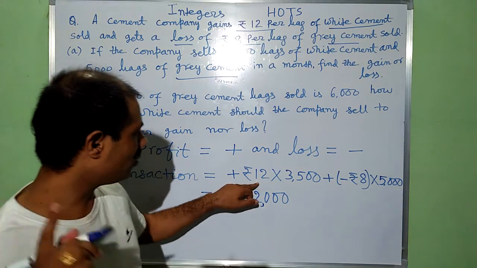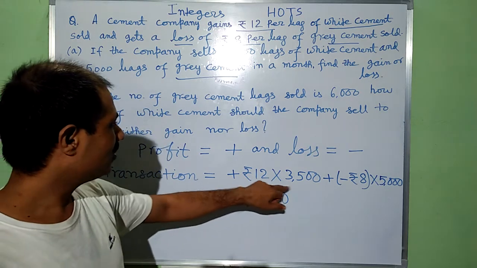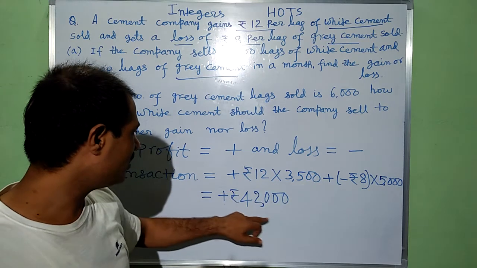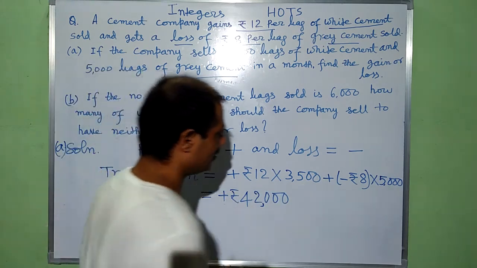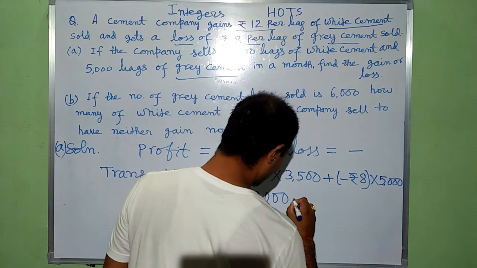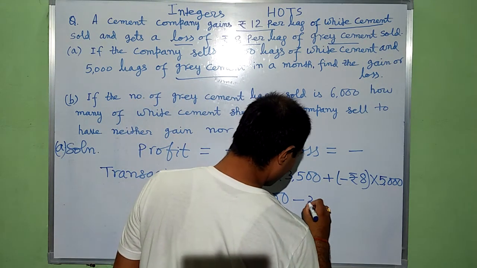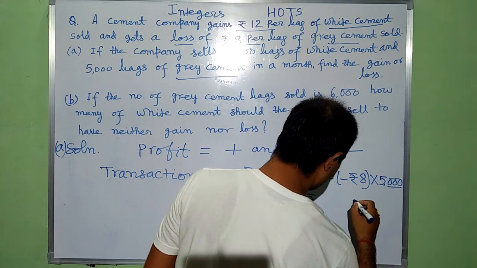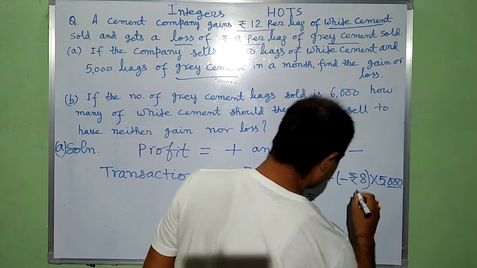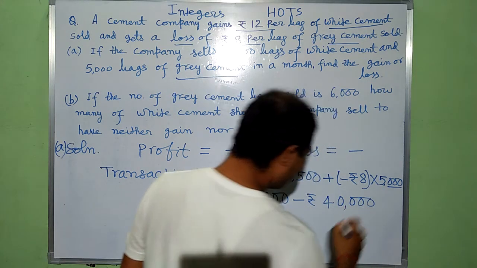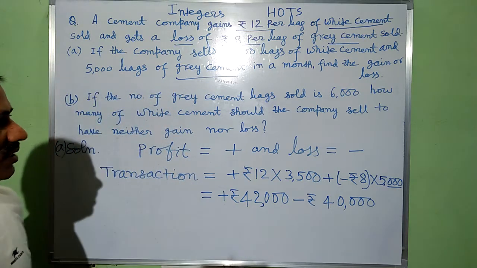This one is the gain on one white cement bag, so the gain on 3,500 white cement bags will be calculated like this. Now plus into minus gives us minus rupees 8 times 5, that is 40. This is 40,000. This is loss.